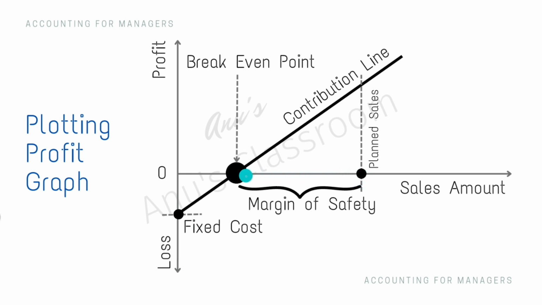We are still making profit. When our planned sales or our actual sales drops below the break-even point, we start getting loss. And when our sales goes beyond the planned sales, we get more profit than what we anticipated. That is the whole point of plotting this profit graph.